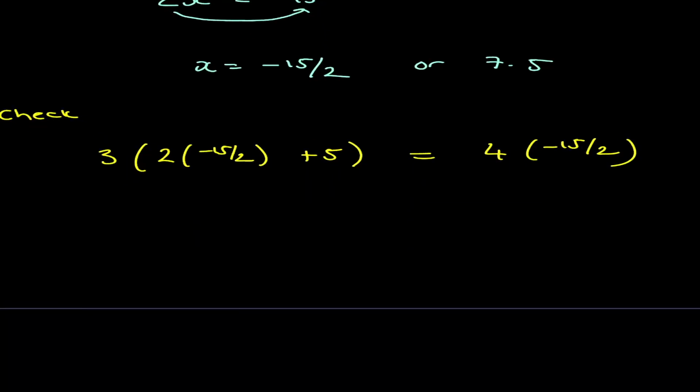Okay, so when we multiply this, that 2 and that 2 cancel. So you're basically left with 3 times negative 15 plus 5 in the brackets, and on this side 4, you could do the 4 divided by 2, which is 2, and then 2 times that negative 15. So 2 times negative 15 is negative 30.